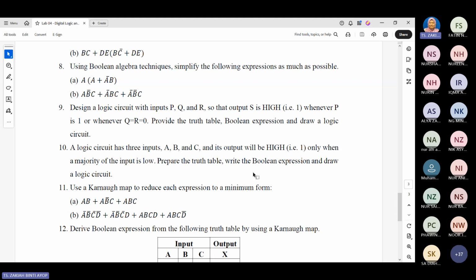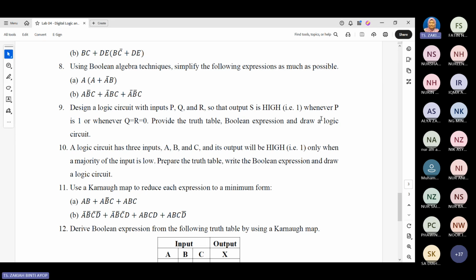Question 9 and question 10 are very similar to the subjective questions in the midterm. They give you a problem and then you need to solve it. Sometimes they would give you, prepare the truth table or provide the truth table, write the Boolean expression and draw a logic circuit.